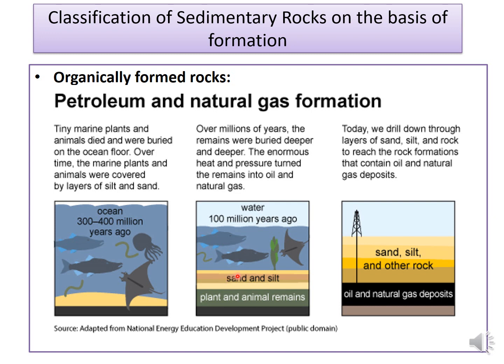For millions of years, the remains were buried deeper and deeper. The enormous heat and pressure turned these remains into oil and natural gas. Today, we drill down through layers of sand, silt, and rock to reach the rock formations that contain oil and natural gas deposits.